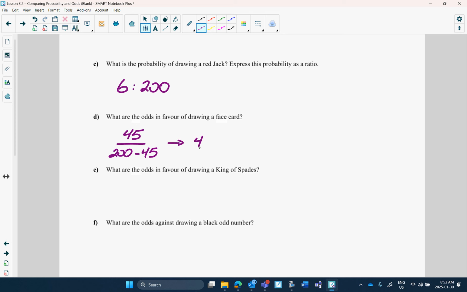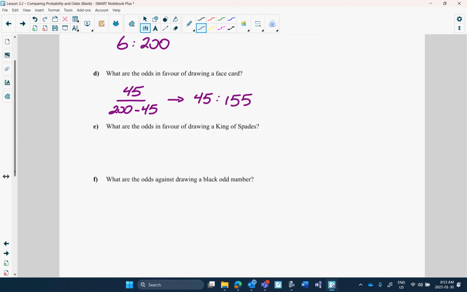So it would be 45 to 155. You could reduce that, you don't have to. The odds in favor of drawing a king of spades. That would be 5 to 195.